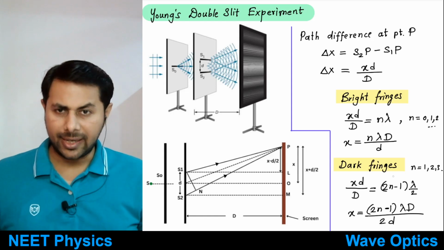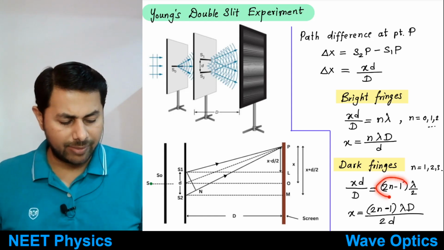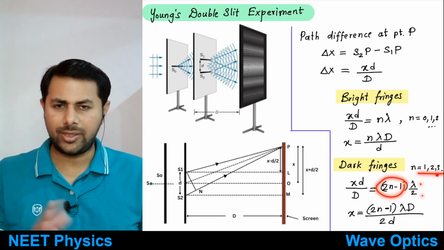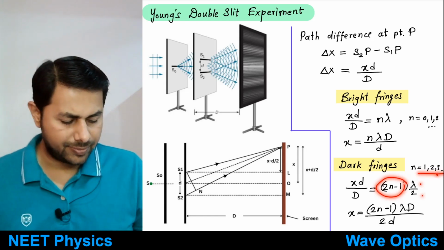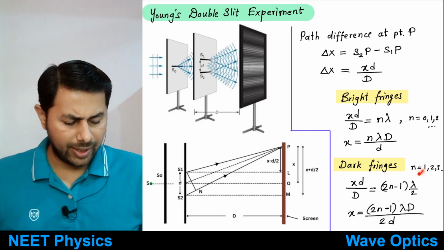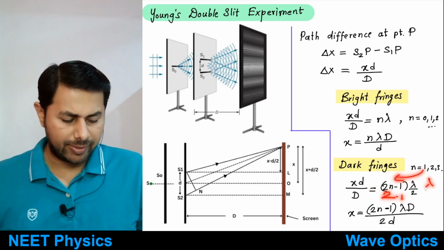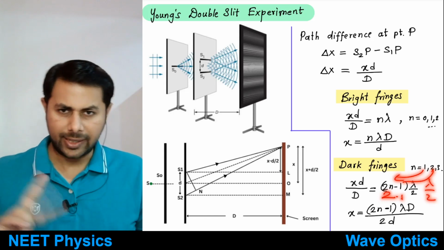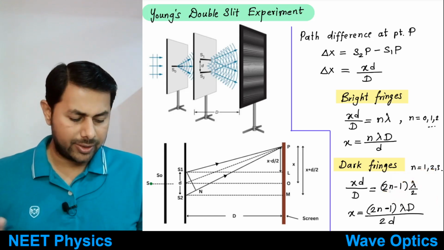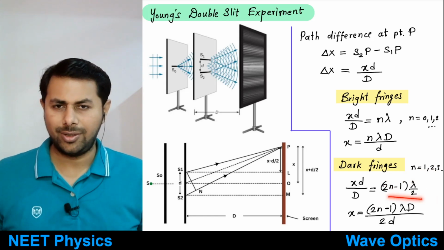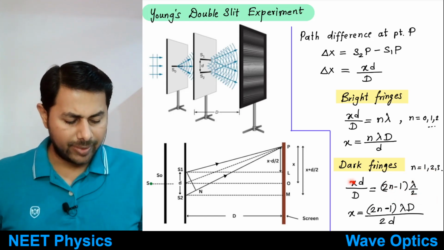The nth dark fringe would be formed at (2n minus 1) lambda by 2, where n goes 1, 2, 3, and so on, right? Put n equals 1, you get 2 minus 1, that means lambda by 2. Put n equals 2, the second dark fringe, you get 4 minus 1, that's 3 lambda by 2, and so forth, right?